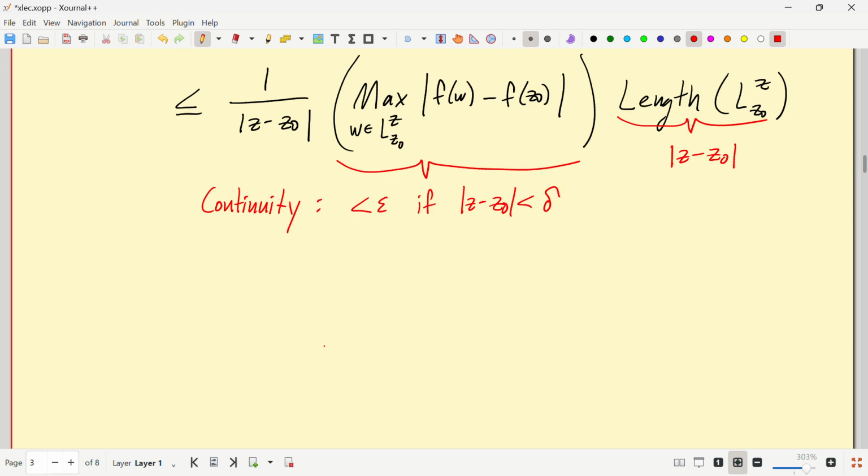By the way, this works every time, so there's a corollary.